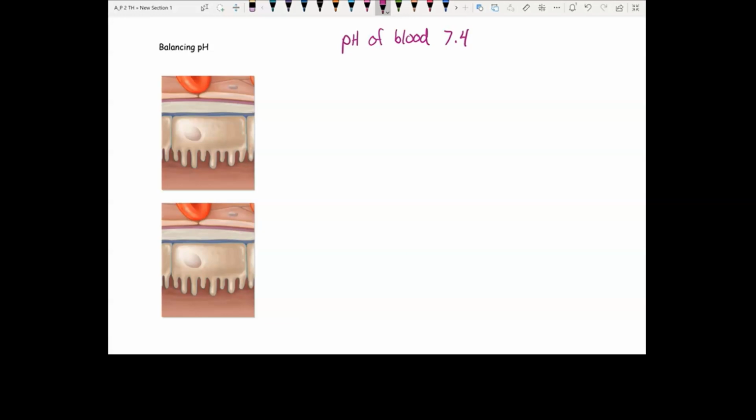And you have two organs that do this. In the last chapter, we learned about the lungs that exhale carbon dioxide in order to keep your pH at 7.4. Now we're going to see how your kidneys will put hydrogen or bicarbonate in the urine in order to balance blood pH.